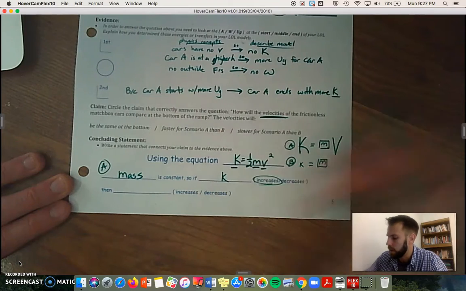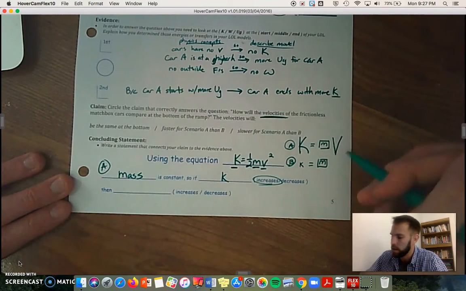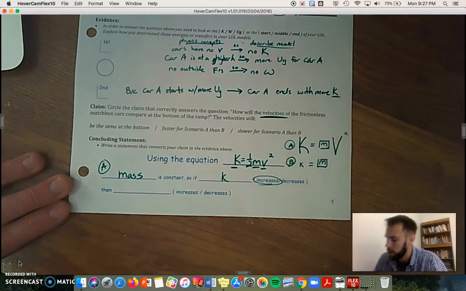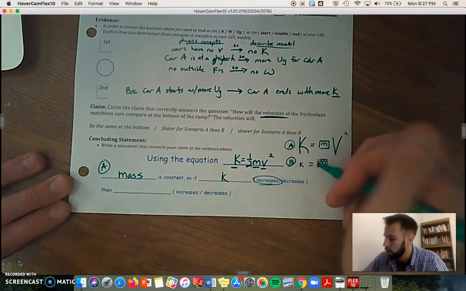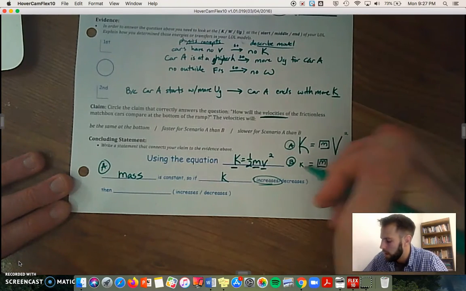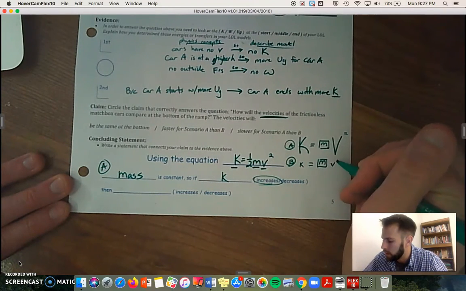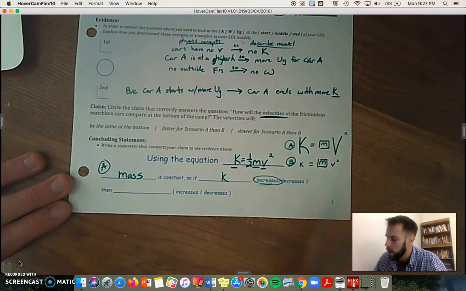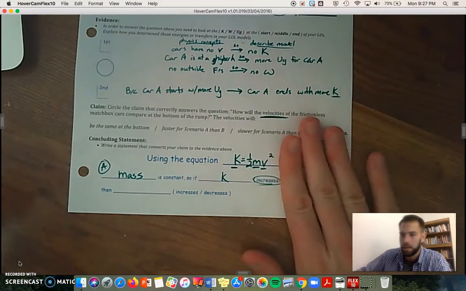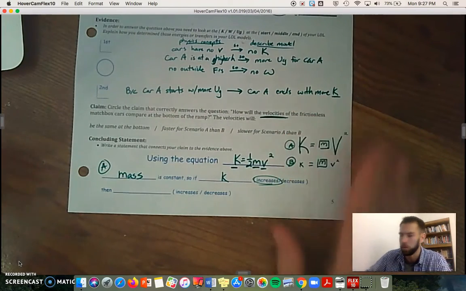Yes, this velocity is squared, but just for simplicity's sake, I'm just going to do this. And you know what, just in case, I can always put a square there if I want. So going over here, if I have a smaller K, then my velocity would have to be smaller as well. Right? Keep in mind, you do not have to do this ever, but it's just a helpful tool to work with.